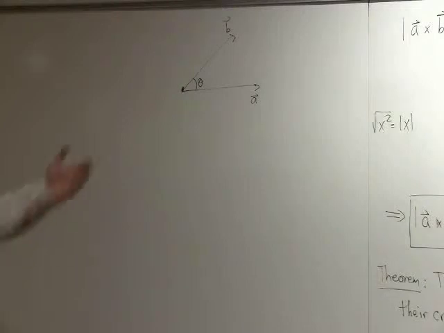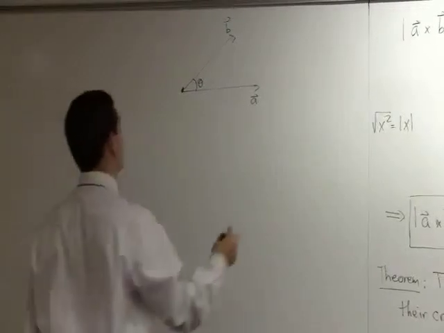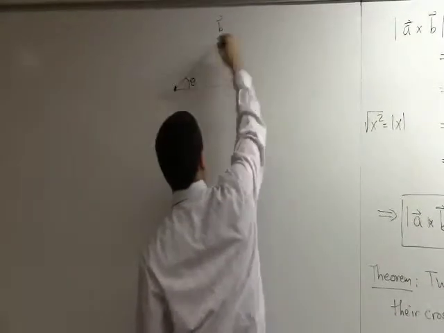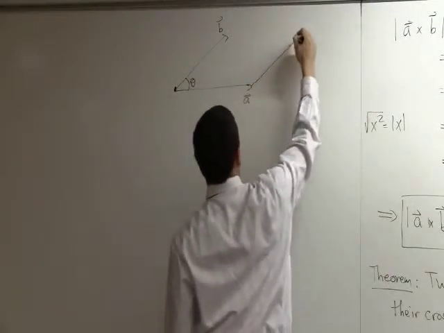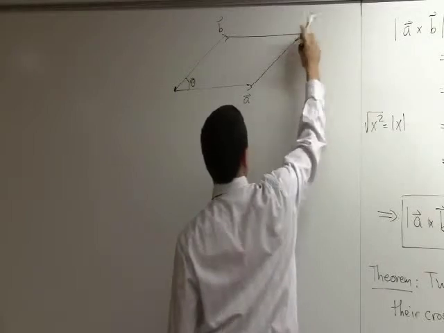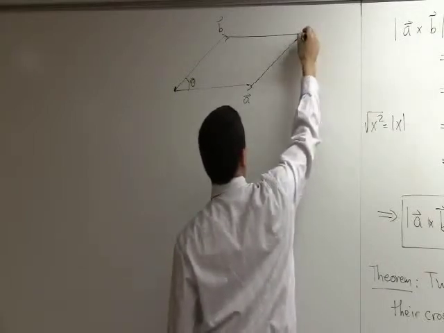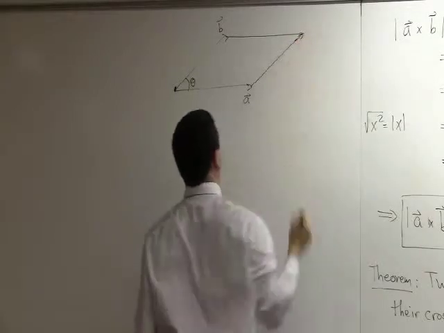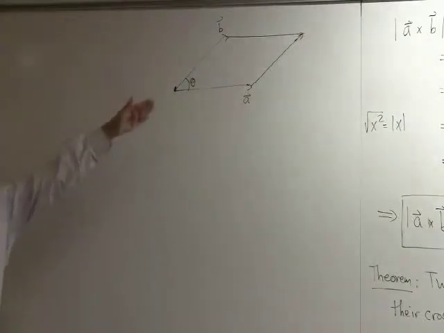As soon as I have two vectors going off in different directions, not parallel to each other, I can make a parallelogram. I just stick this one at the end, and then drag it over. So I just copy B, copy A. And I get a nice parallelogram.